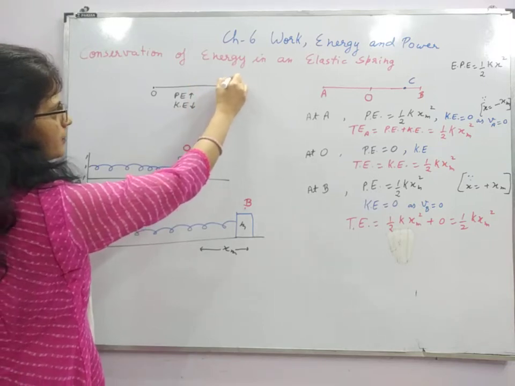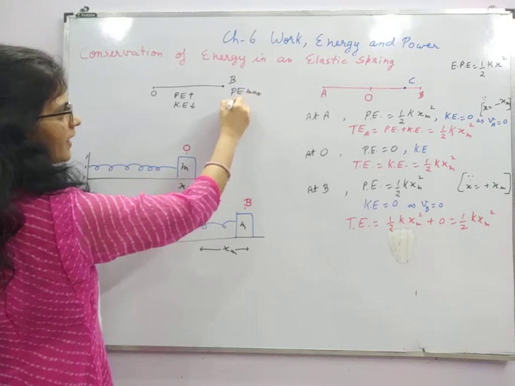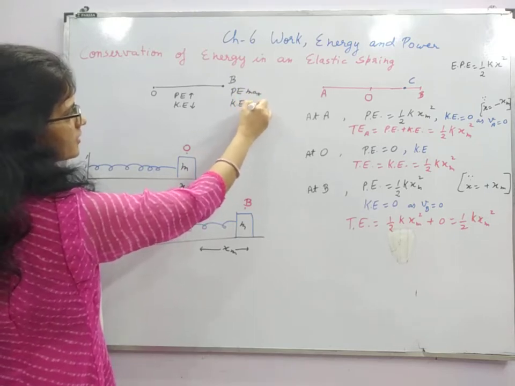Therefore, at point B, potential energy is maximum and kinetic energy is 0.